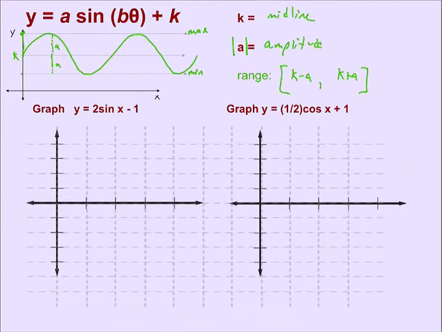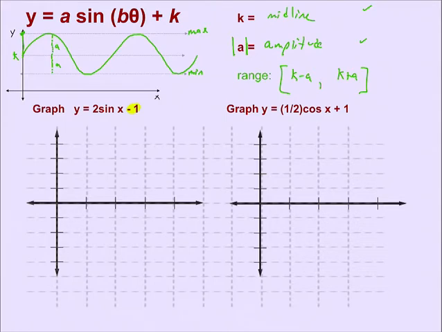Your first step, and I always want you to think in this order, we did midline first and then amplitude. We're going to do that every time. Every time you see a sine or cosine graph, you're going to think first, okay, what is the midline? What is the amplitude? So in this case, the midline is k equals -1.